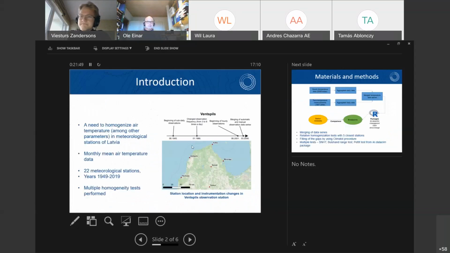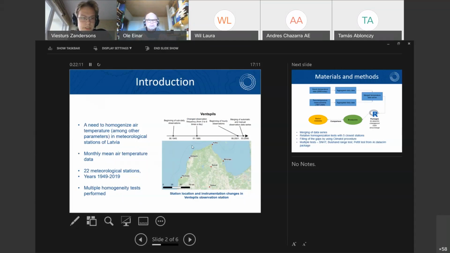So, there is obviously a need to homogenize air temperature measurements, among other meteorological parameters, in Latvia. And it comes also with the need of calculating the new climatic normals. This is the reasoning that we tried homogenization in the first place.